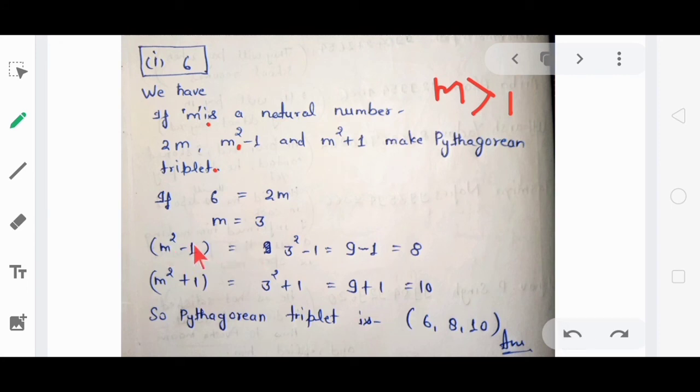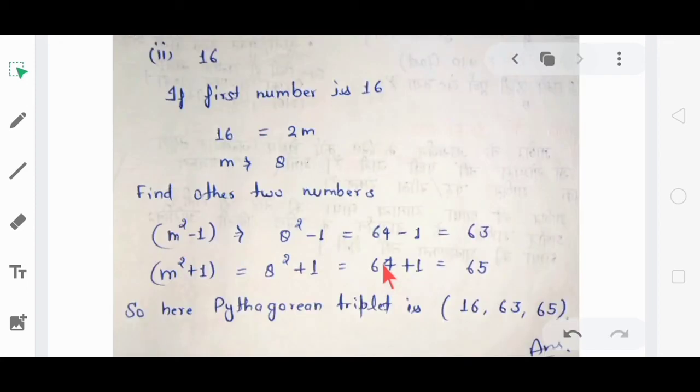So 9 minus 1 becomes 8, and m square plus 1 is equal to 3 square plus 1, which is 9 plus 1 and is equal to 10. So the Pythagorean triplet is 6, which was given in the question, you obtained 8 here and you obtained 10 here. 6, 8, 10 are the numbers which make a Pythagorean triplet.